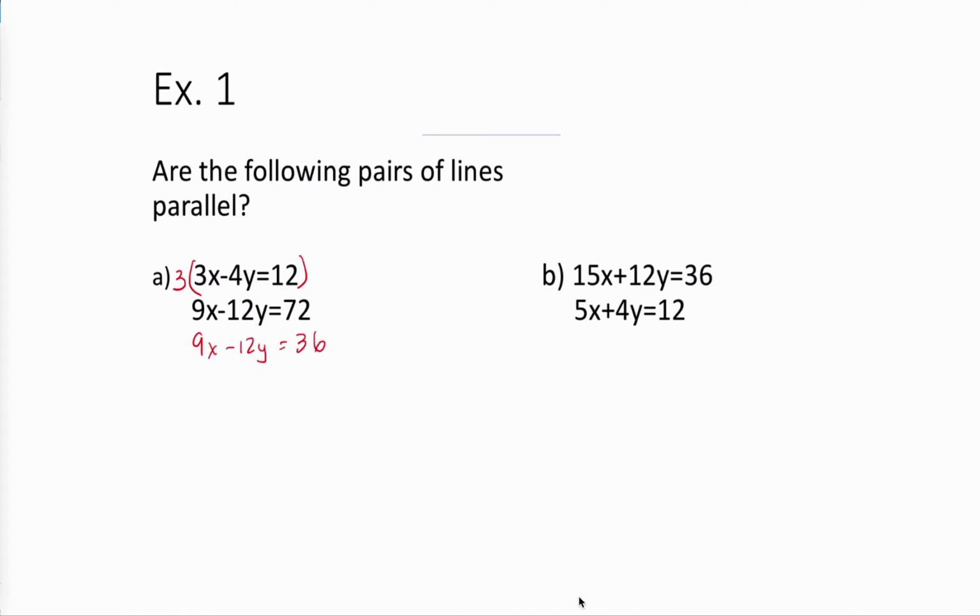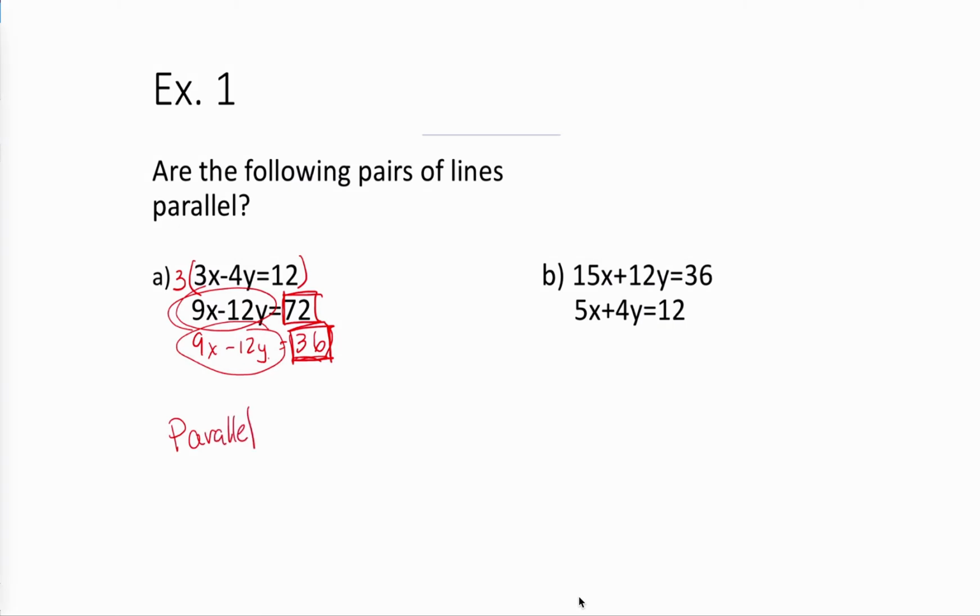If I solve these two equations for y, I'm going to get y equals 9/12 x, or 3/4 x, plus some constant. So, because this half of the equation is the same, and these two constants are different, yes, these are parallel.